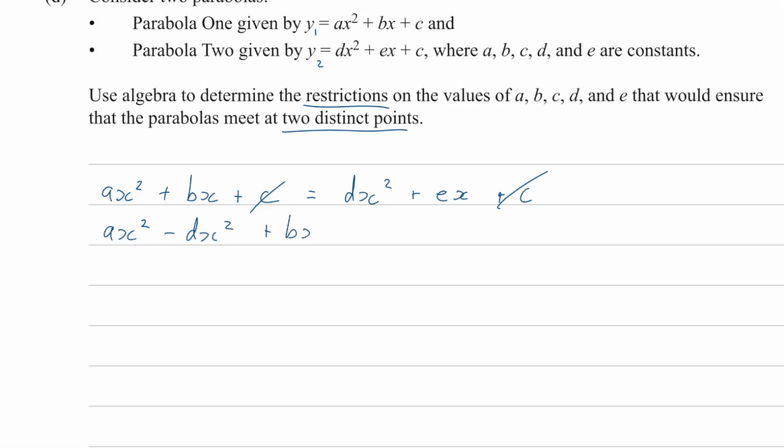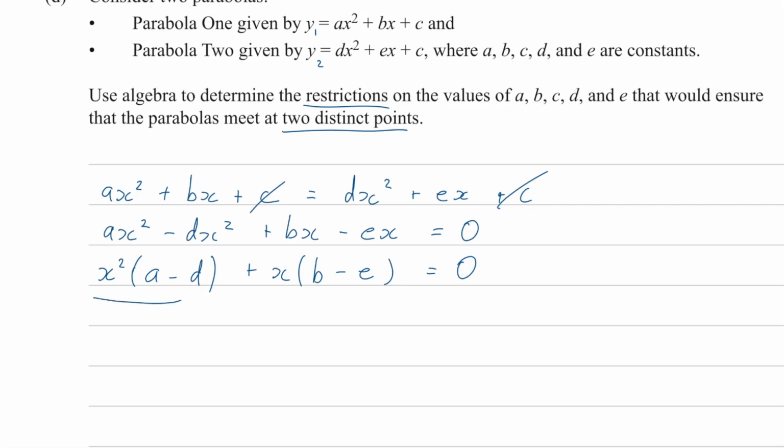Similarly, plus bx, and I'll subtract ex on both sides, equals 0. So looking at these first two terms, I could write that as x squared, a minus d. And the second term could be x, b minus e. Right, so I just pulled out the x squared and the x.